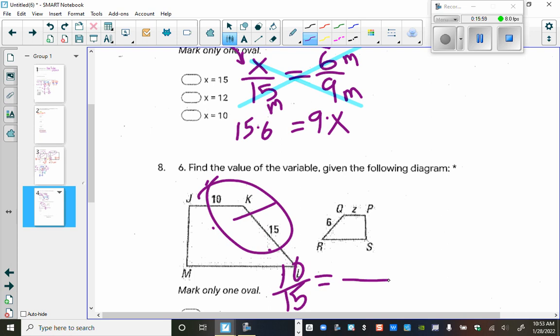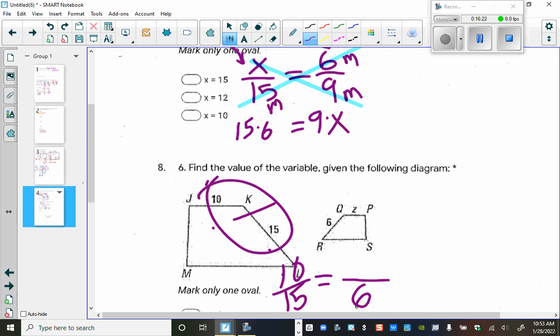Is the 6 a slanted side as well? 6, look at the 6. Are they both slanted? 15, 6. Look at how they're both slanted. We see that they're both slanted? So that's why these two sides will correspond.